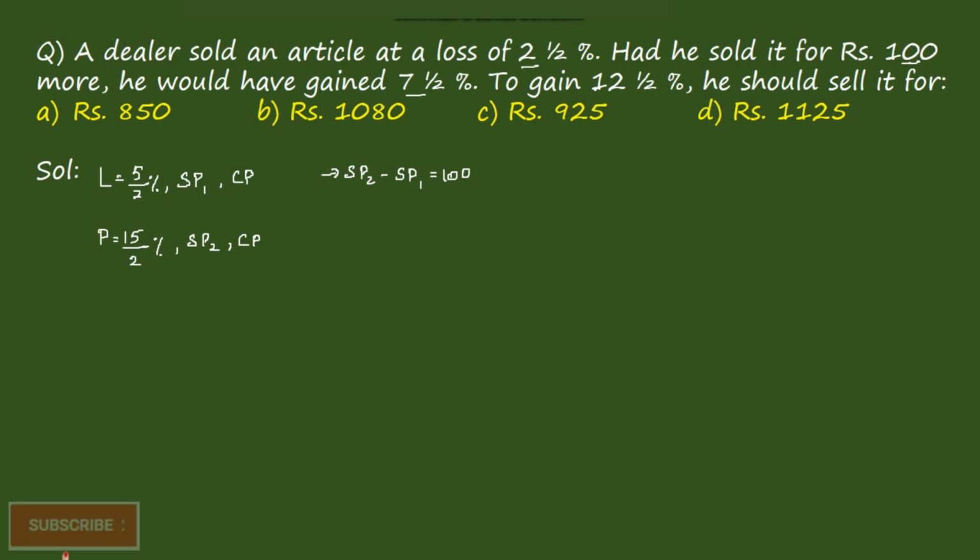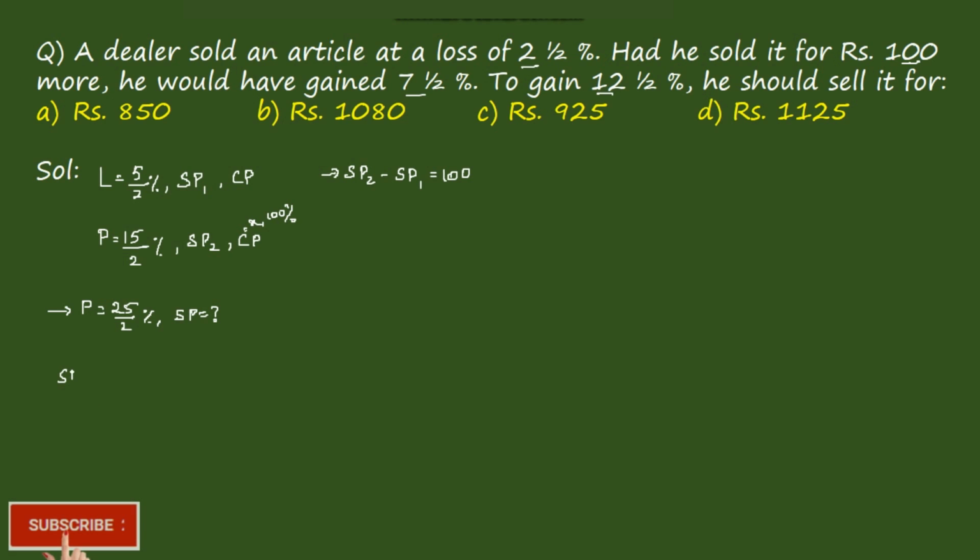Now they are saying to gain 12 1 by 2 percentage, he should sell for, okay? Now they are saying that the profit should be equal to 12 1 by 2, which means it becomes 25 by 2 percentage, right? Then the selling price is how much we have to find out, right? If you consider the cost price is equal to X, which is 100%, in that one you have to get a profit of 25 by 2, right?